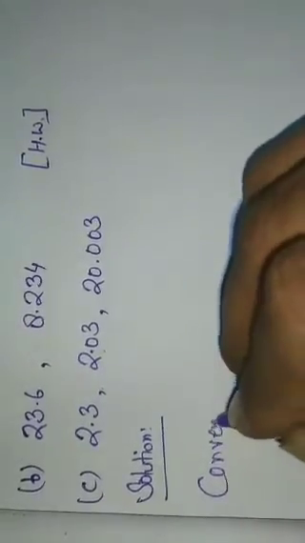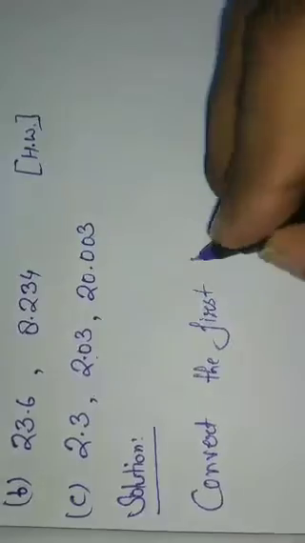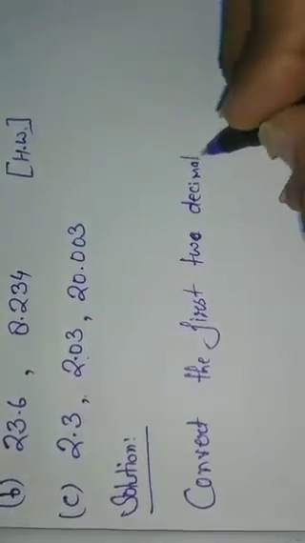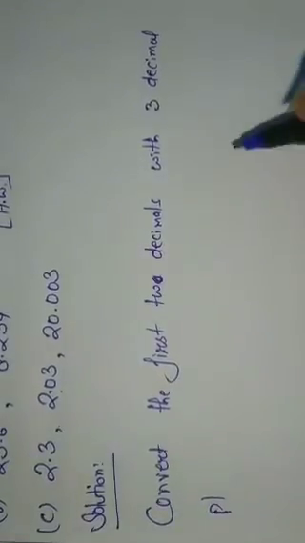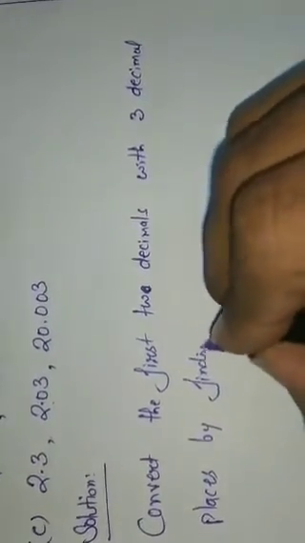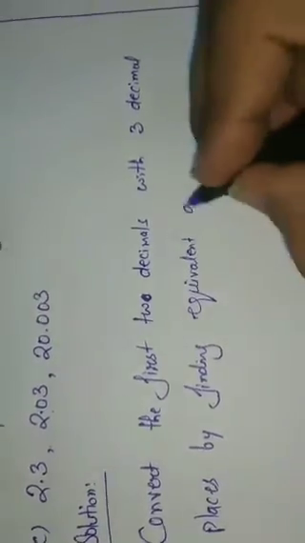Convert the first 2 decimals with 3 decimal places by finding equivalent decimals.